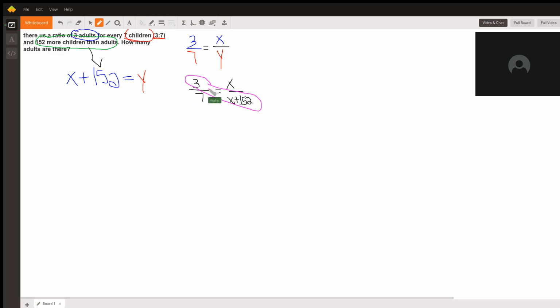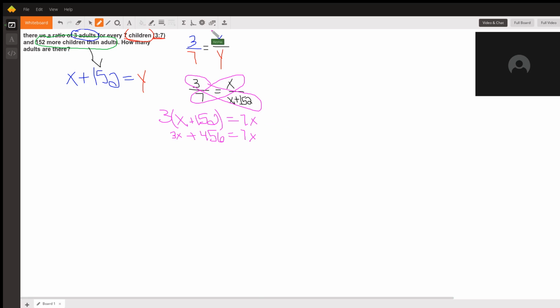When you do that, you have 3 times X plus 152 equals 7 times X. Then when you do the math on this, you have 3X plus 456 equals 7X.